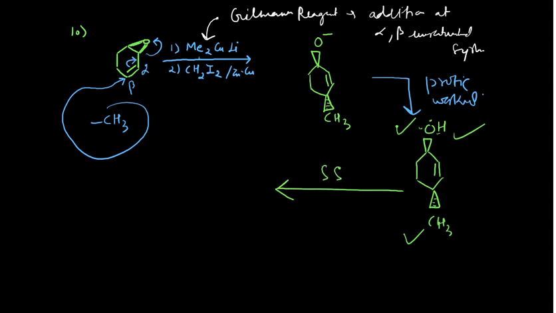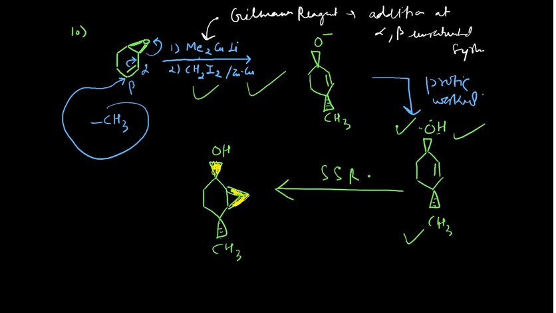If you do the Simmons-Smith reaction, second step, which is this one, you will end up with the cyclopropane ring. So if this is OH beta, then this would also be beta and this would be your CH3 at the alpha. So this is how you can draw.